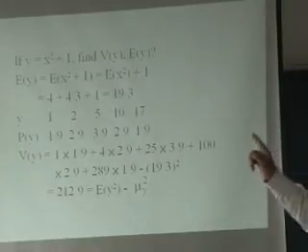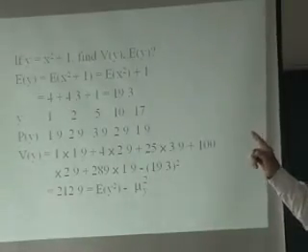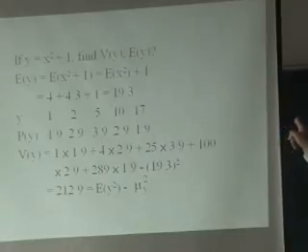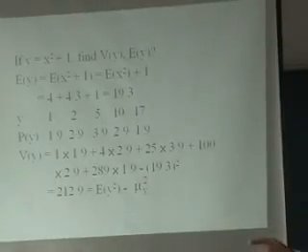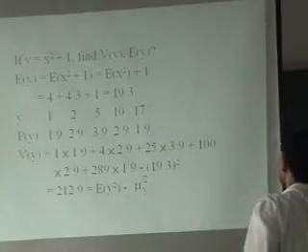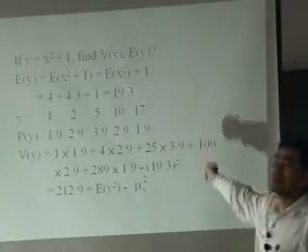For the expectation of y, it is a little bit easier. Because y is equal to x squared plus 1, the expectation of y is equal to the expectation of x squared plus 1.